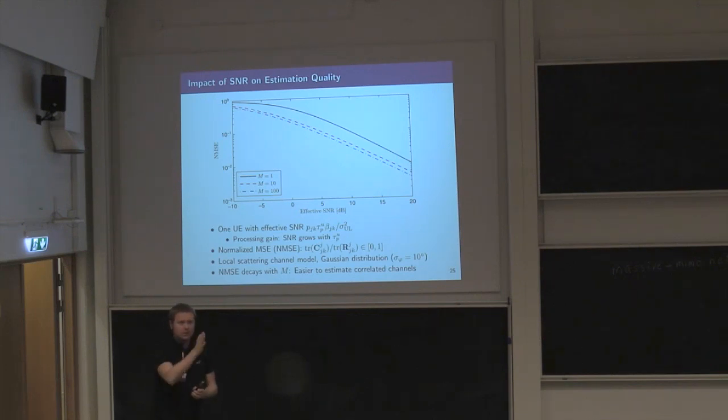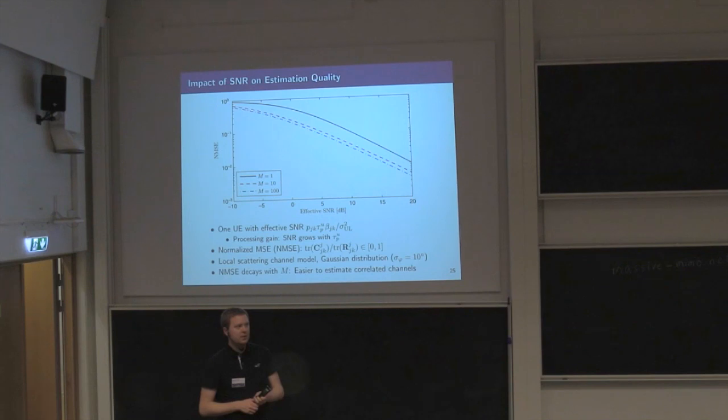There was one question more? Is this similar to the channel hardening effect when we go with M? When M tends to infinity, normally the channels tend to be orthogonal to each other. No, this is actually not related to the channel hardening, but rather the opposite effect, that the channel is living in a smaller subspace, so that you only have a few eigenvalues.